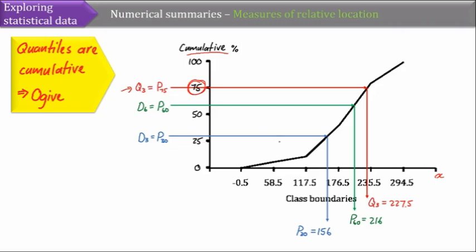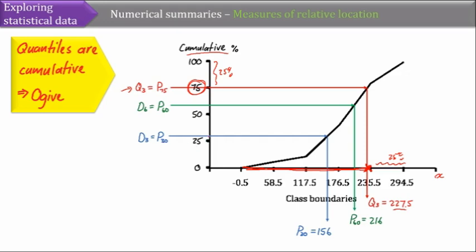Because the ogive is cumulative, if I go across and down onto the horizontal axis, then my cutoff point will be over there. We've calculated it to be 227.5, so that means 75% of the data is less than or equal to 227.5, and the remaining 25% will be over there to the right. In other words, that 25% over there.